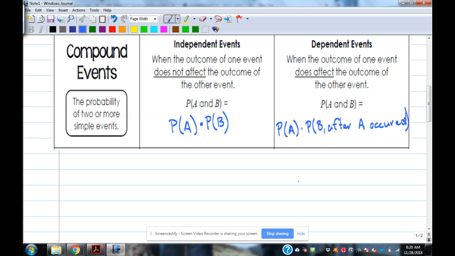So the probability of drawing another heart is out of 51 for the second time around if I don't put the first one back. Okay, so that's what changes there. Okay. So this is with replacement. I'll write this somewhere on your paper. And the dependent events is without replacement.